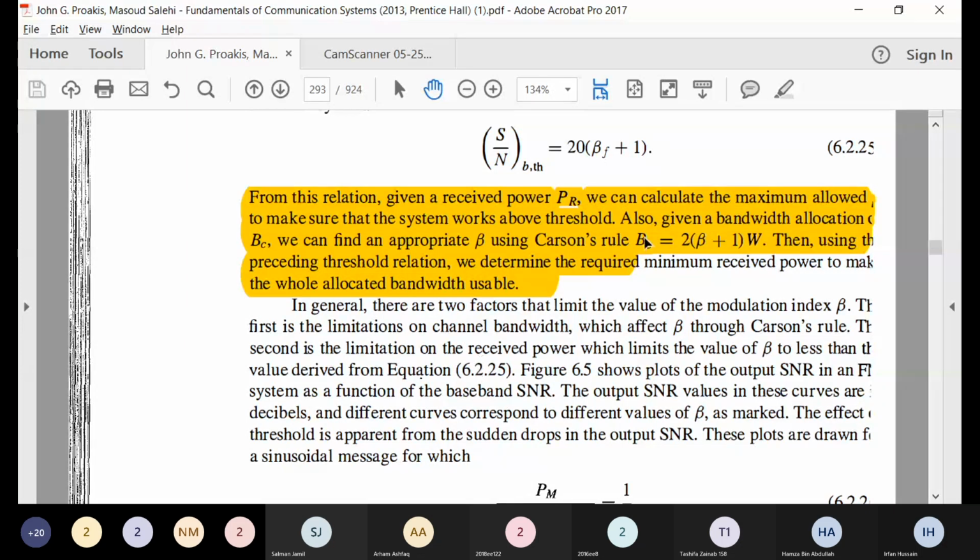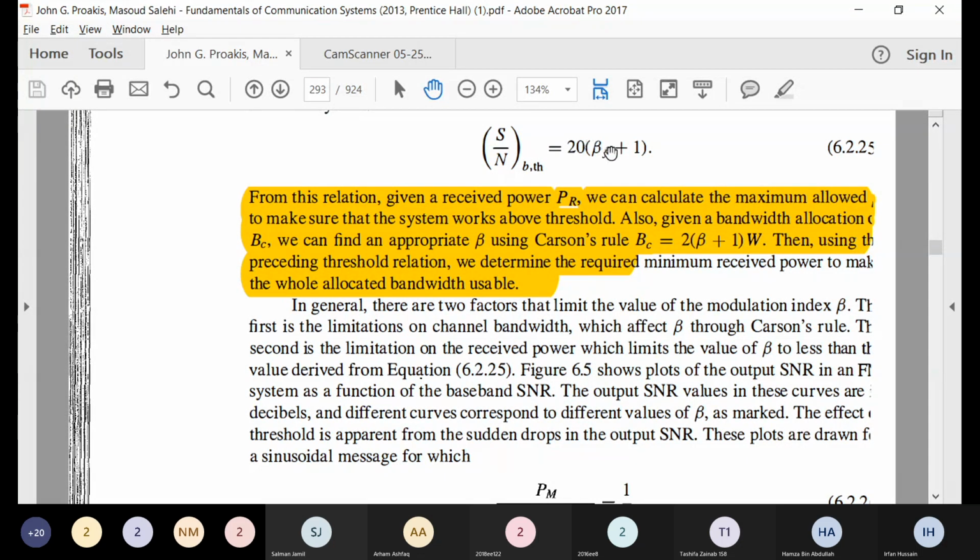Alright, so just to recap what we have studied. For a given bandwidth, we find an appropriate beta, and then using the relationship, we determine the minimum receive power to make the whole allocated bandwidth useful. So this means that we have these two things that we have to take care.